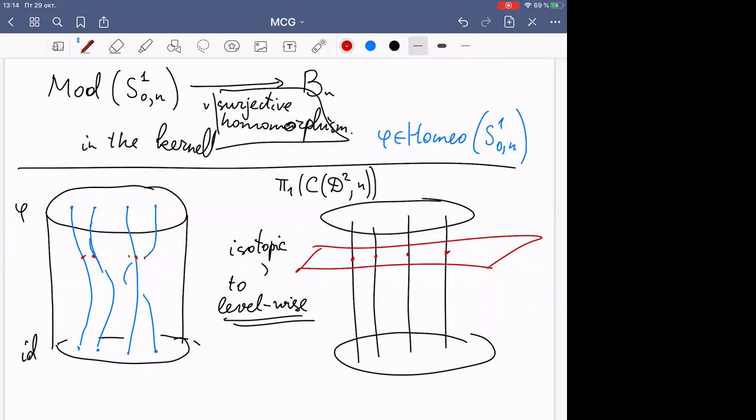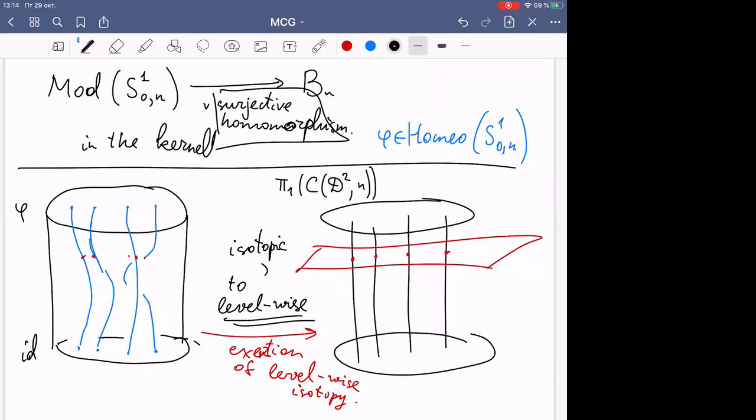And now what we need is just an extension of isotopy, an extension of such level-wise isotopy. We need to apply it not in any level, but to the whole isotopy.